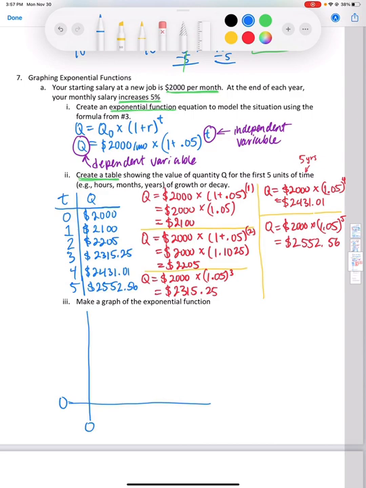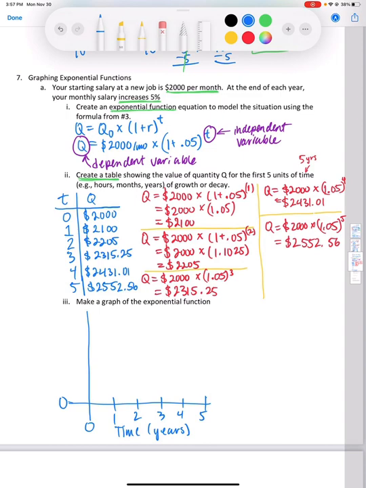On this bottom axis is time in years. Okay, and we have 5 years, so 0, 1, 2, 3, 4, 5. Okay, so that's all ready.